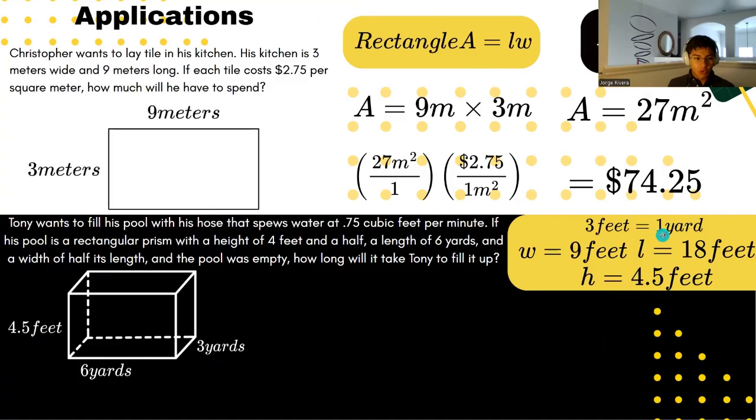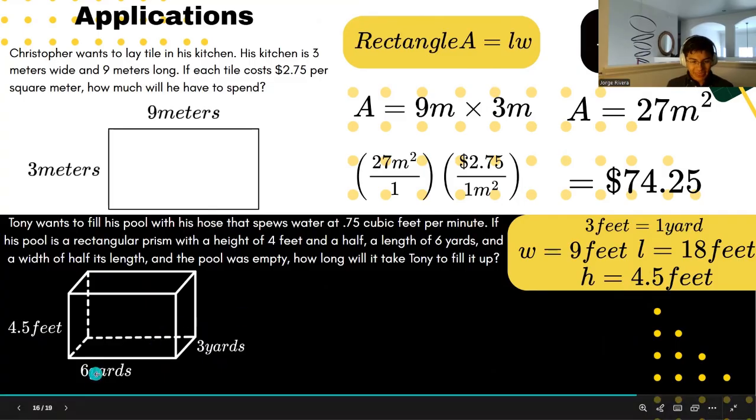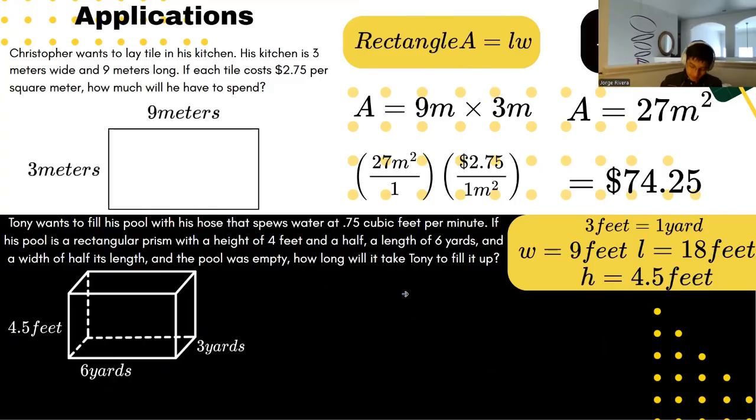And 3 feet are in 1 yard. We have to recognize that 6 yards and 3 yards are not the same unit as the 4.5 feet. In order to actually do this equation, we have to have the same units across the board.